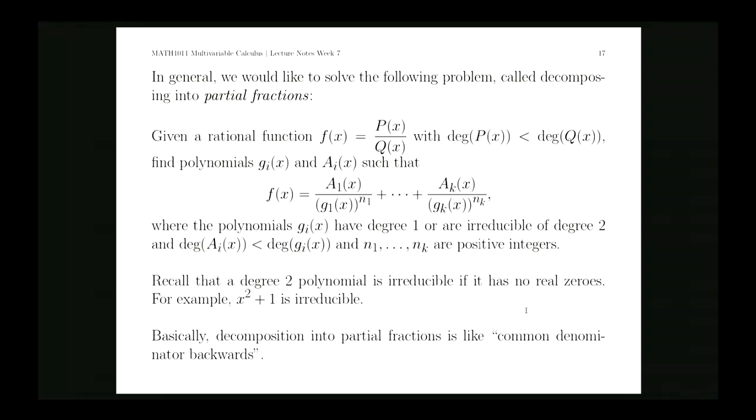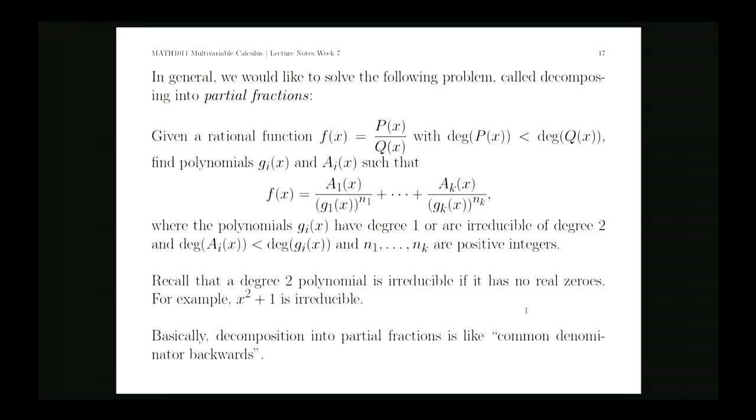It makes life much harder. By irreducible we mean no real roots. So if you had an x squared plus 1 on the bottom, don't write that as x plus i times x minus i, because that'll make life harder when we've got to find the coefficients. We're only interested in real values here. And as I say, basically it's like common denominator backwards.